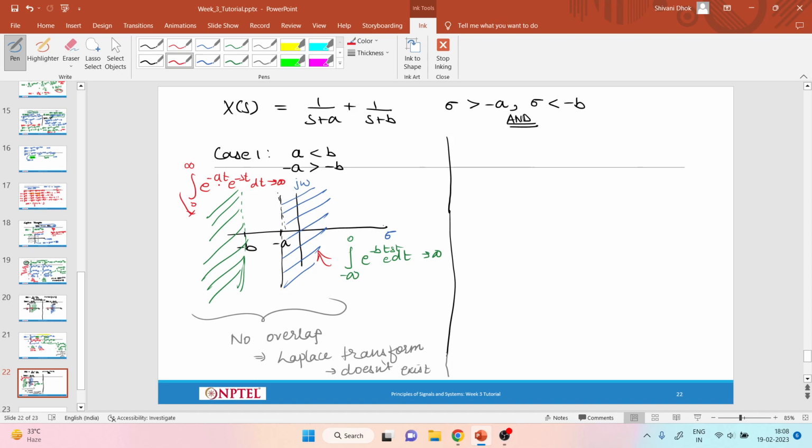There is no overlap, there is no sigma that will simultaneously satisfy both of these conditions, and therefore your Laplace transform won't exist. Now let us look at the second case. The second case is your a is greater than b, which means that your minus a is less than minus b. So it's something like this: sigma, j omega.